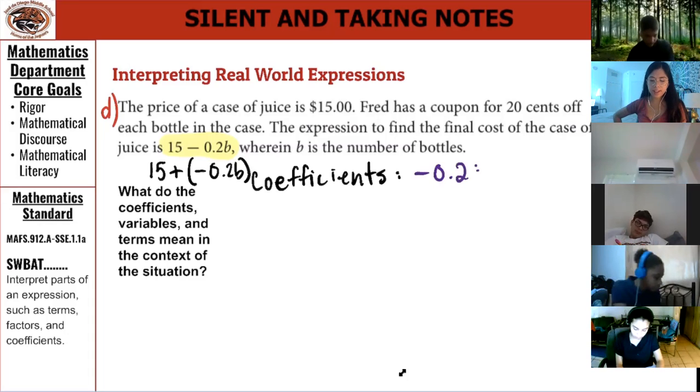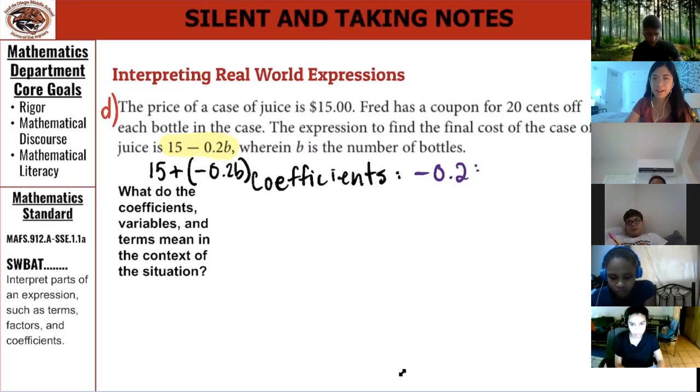All right, and what is that representing in this scenario? 20 cents. Yeah, it's going to be 20 cents. And why is that negative? Because it had the subtraction sign in front of it. And why did they do that? Why are they subtracting?